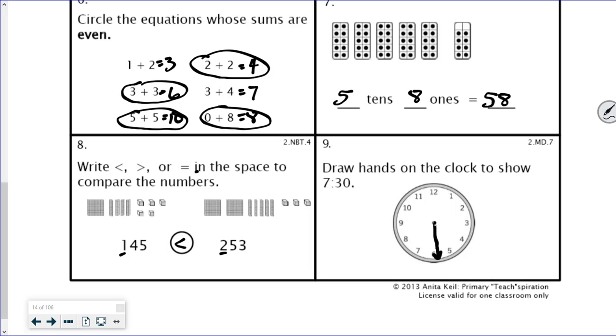Okay, and then because it's 7:30, that means the hour hand has to be between the 7 and the 8. And mine isn't so good. Hold on. I can do this. There. Now it's between the 7 and the 8. So your hour hand has to be between the 7 and the 8 because it's halfway, because the minute hand is halfway around our clock. All right, head over to your reading street assignment.